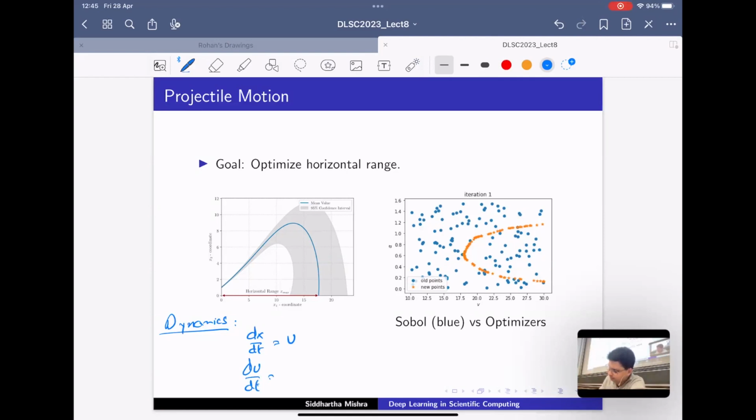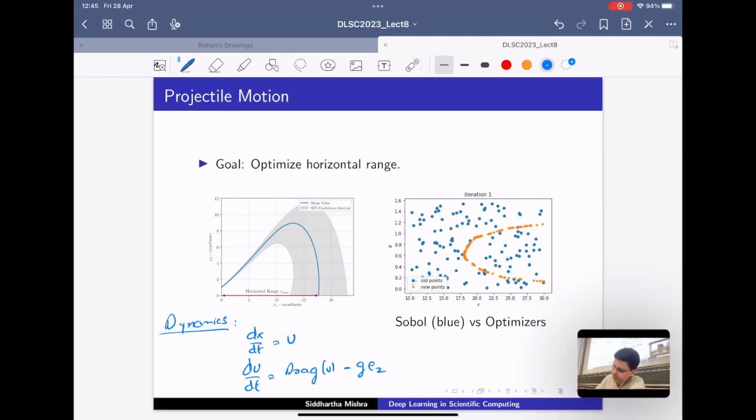So this is the acceleration, which is the force, which is essentially the drag force, which depends on v, minus gravity. Those who know aerodynamics know a formula for this drag force. I'm not going to write the formula; it's cumbersome. But these are the equations that model this.